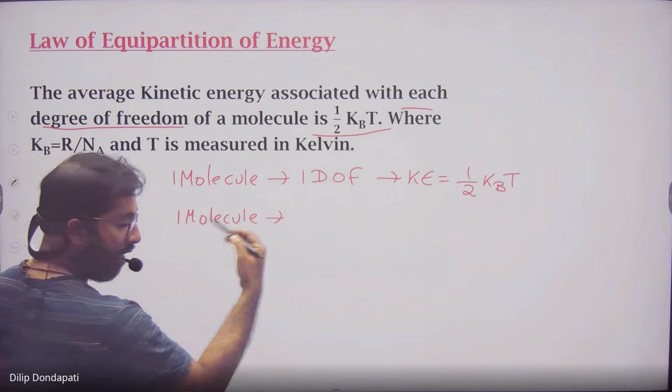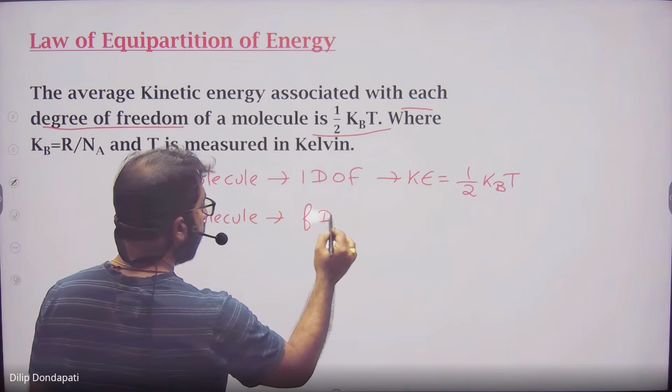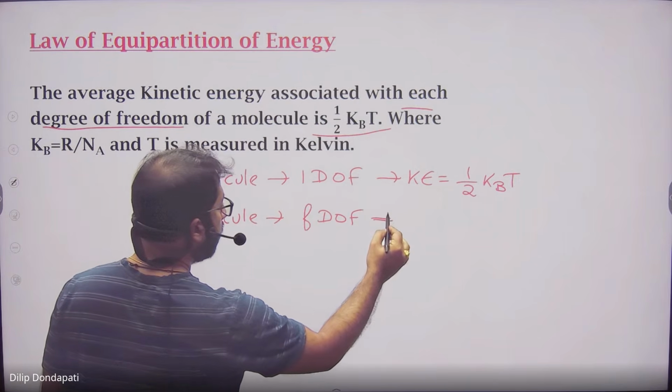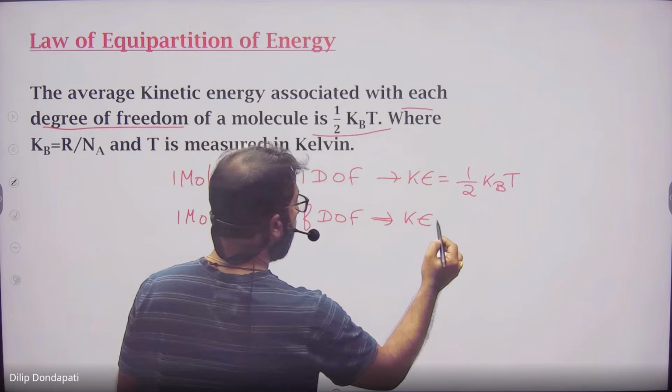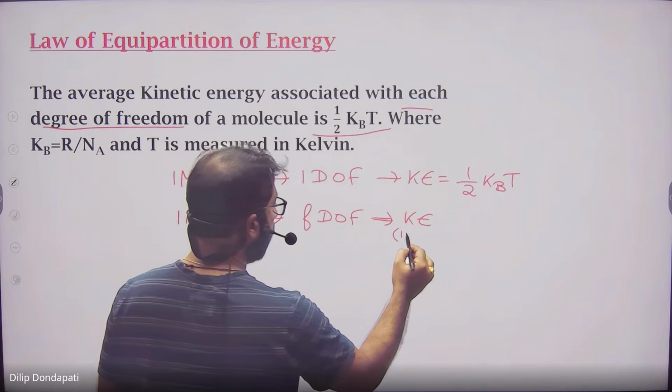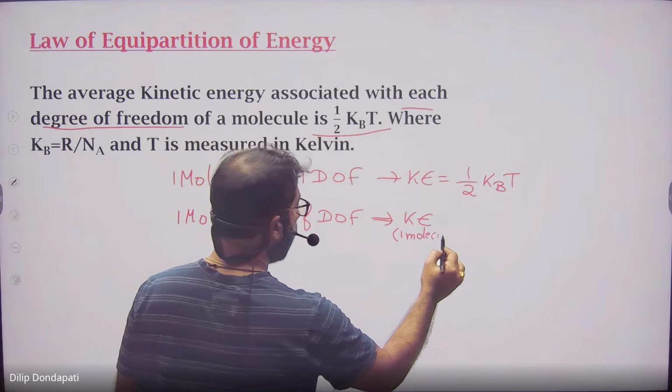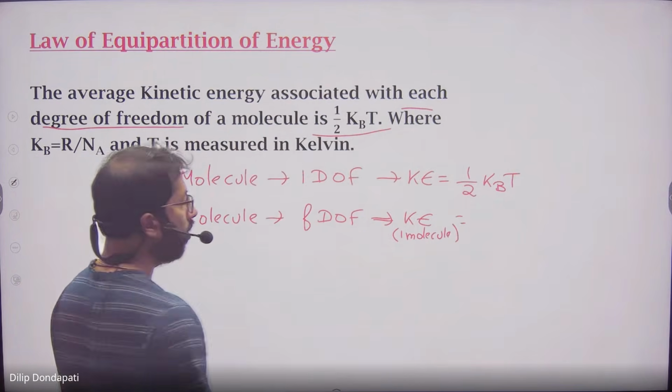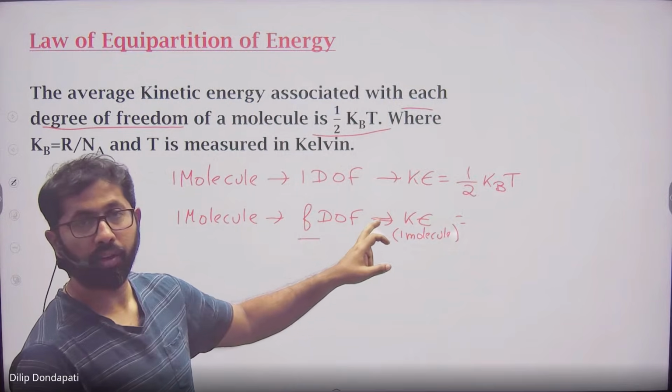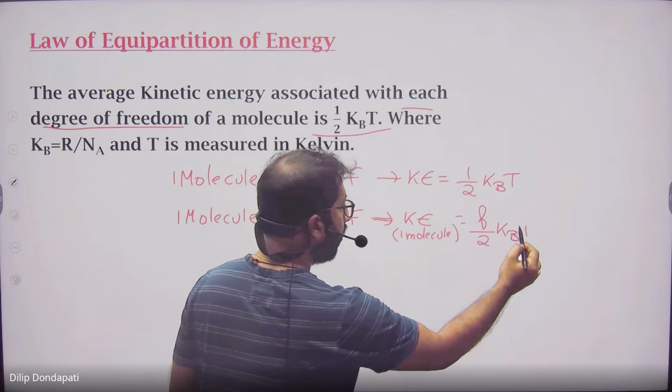Suppose F degrees of freedom, tell me the kinetic energy for one molecule. Not 3/2 kT, we are talking about F degrees of freedom, so F by 2 kB T.